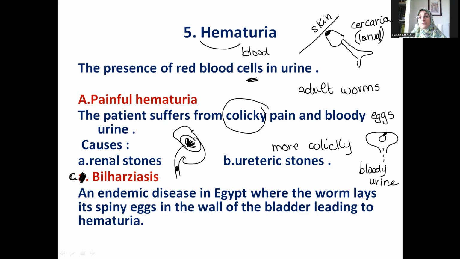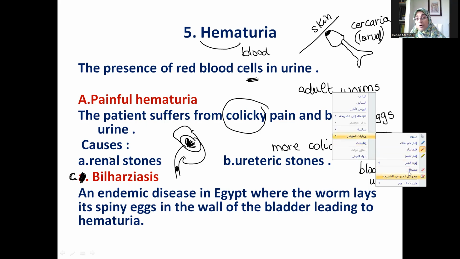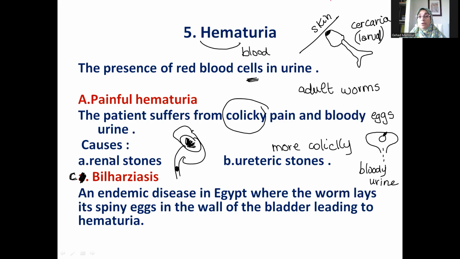So the infective stage is the cercaria. It's not the egg, but the egg is the cause of hematuria. This is very important because many of you are confused when it comes to the infective stage. We say that the cercaria is the infective stage. Why?